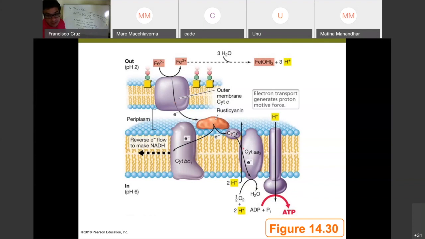One is an electron acceptor in oxygen. So this is going to form ATP. We know that this is a proton motive force. The other electron has to go up its energy, so it's actually going to go upwards. And this is going to be reverse electron flow to make NADH, and eventually we're going to use the Calvin cycle to make glucose.